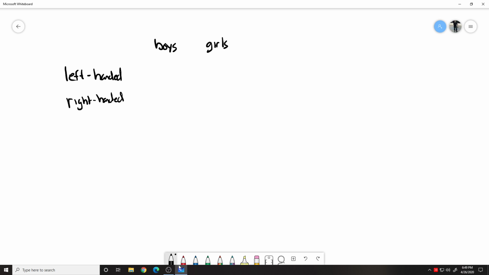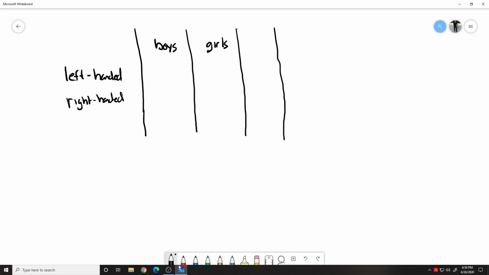Now, here's where the trick's going to come in. Now remember, we always want a total column, so always add that one extra column to your chart.